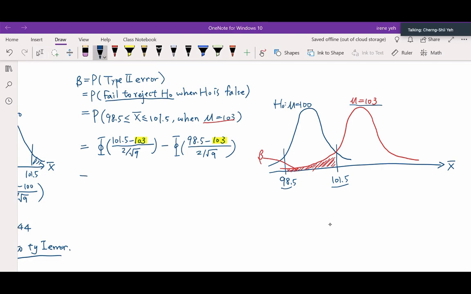So without calculating it, we know that both 101.5 and 98.5 are going to be two negative z-values on the far left side in this red distribution. Okay, so the 101.5 is negative 2.25.